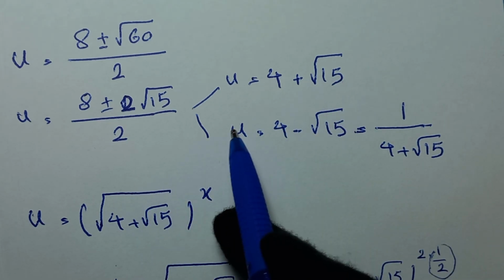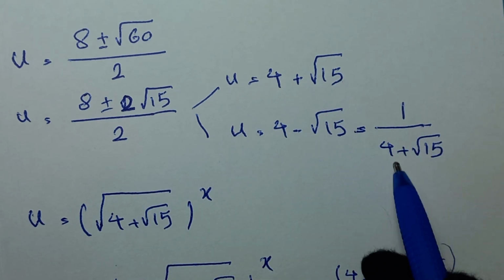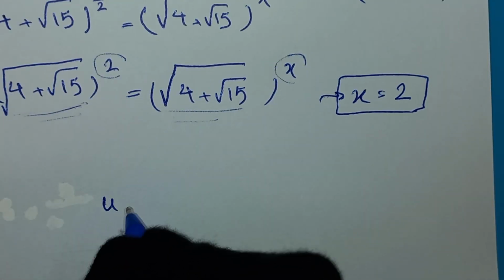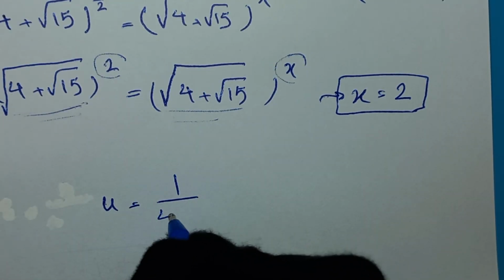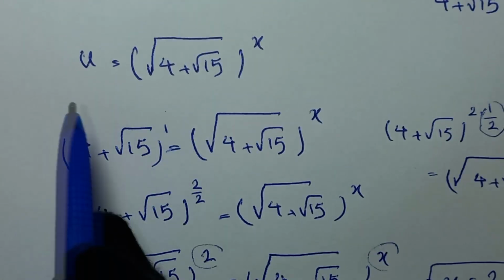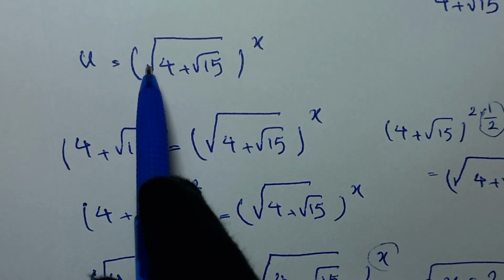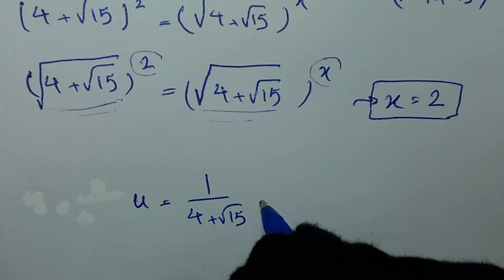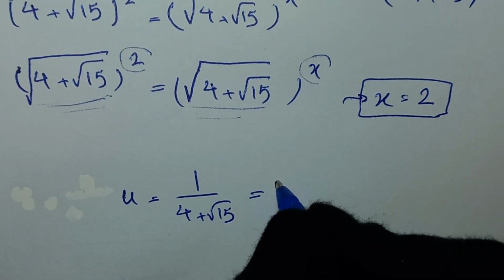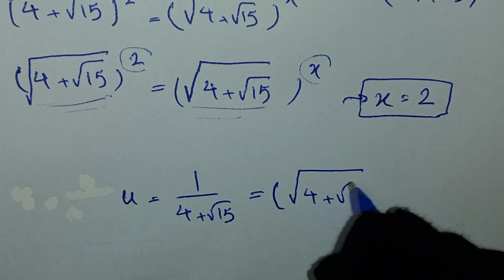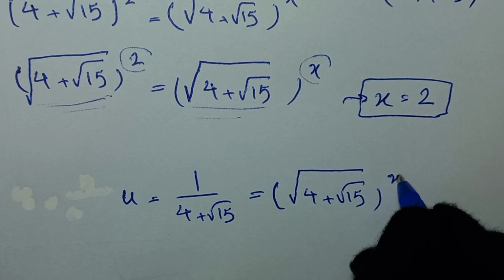And the other solution for u is 1 over 4 plus square root of 15. So we write u is equal to 1 over 4 plus square root of 15. And u is, from here, square root of 4 plus square root of 15 to the power of x. So this is also equal to square root of 4 plus square root of 15 to the power of x.